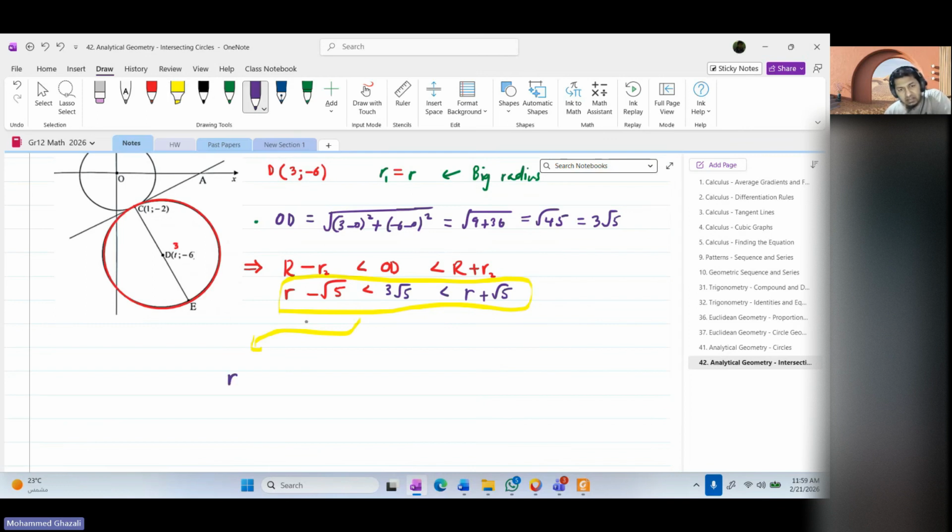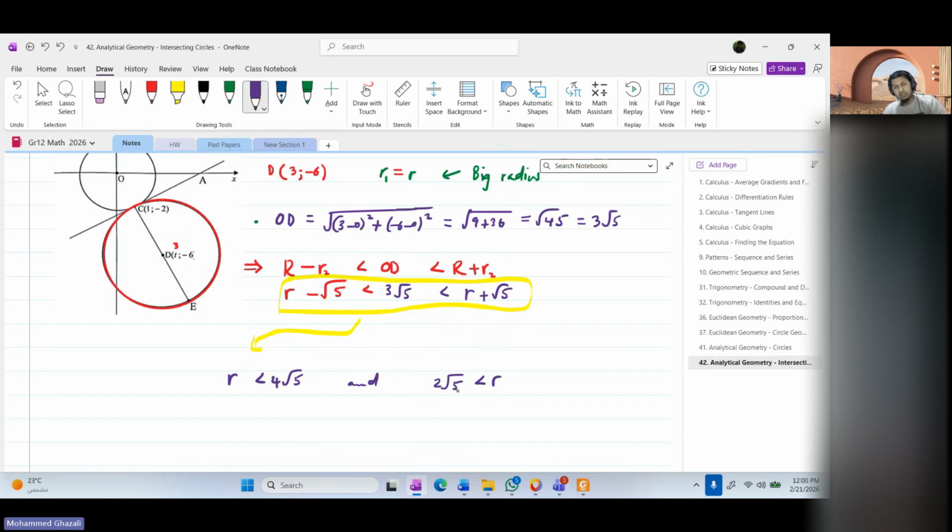So R is less than root 5 plus 3 root 5, which is 4 root 5. And on the other side, 3 root 5 minus root 5 is 2 root 5.